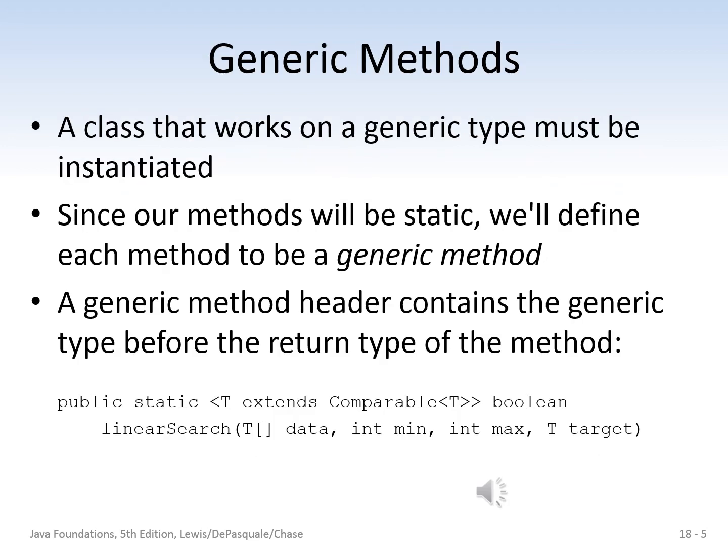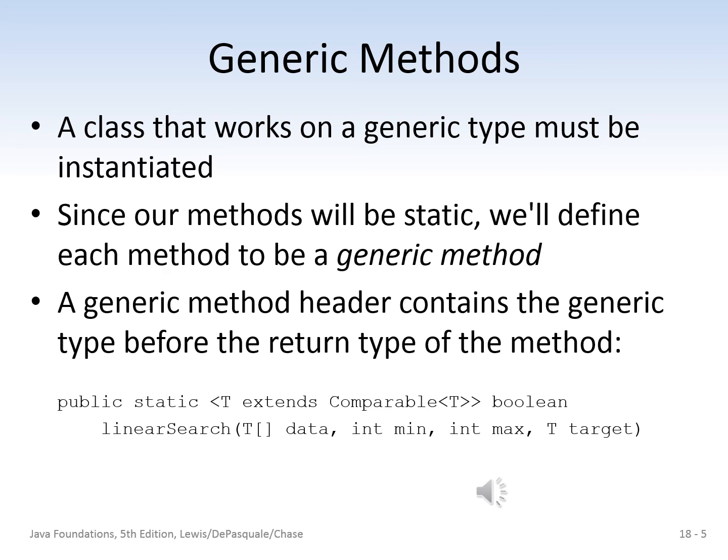As you probably recall, a class that works on a generic type has to be instantiated. And since our methods will be static, we'll define each method to be a generic method. A generic method header contains a generic type before the return type of the method.